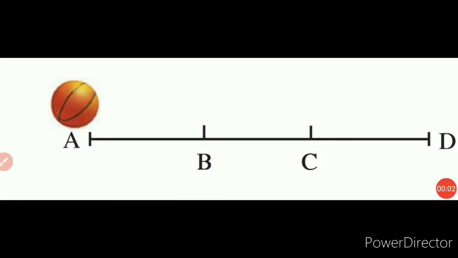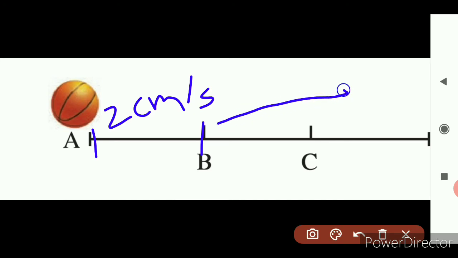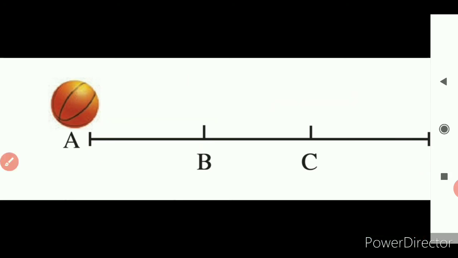Firstly, the velocity of this ball from A to B is 2 cm per second, and from B it starts to be pushed in the direction of D, and at D it becomes 4 cm per second. So we have to find out the acceleration.